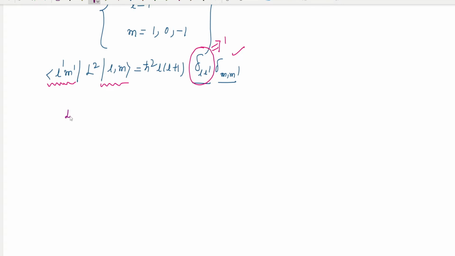So listen carefully. L square, L square.